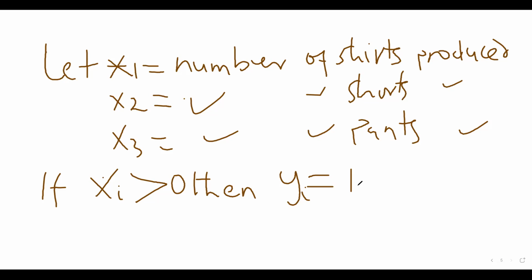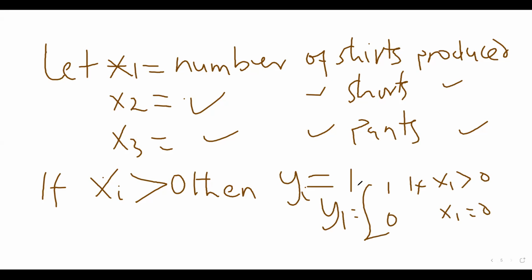And so on the basis of that, the next kind of decision variable: I've got to decide whether I'm going to incur the cost of the machineries. So you can say that Y1 is equal to 1 if shirts are produced, or 0 if shirts are not produced.